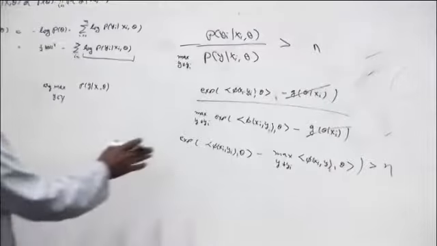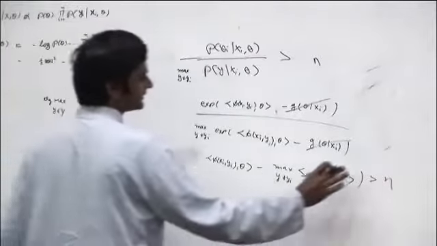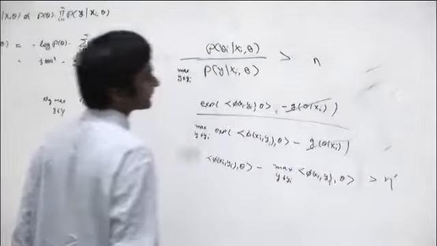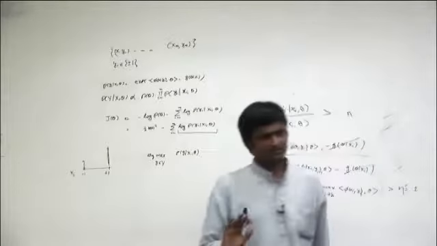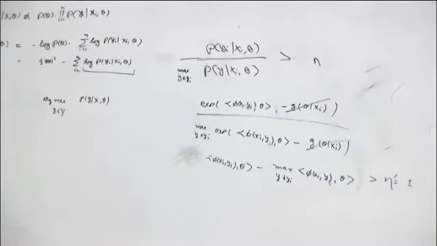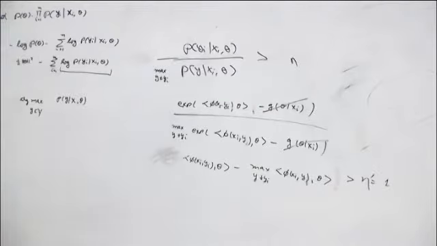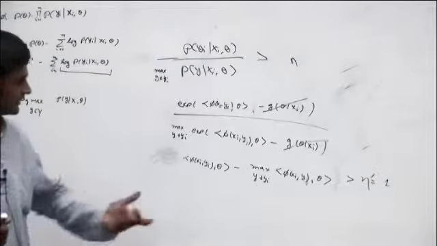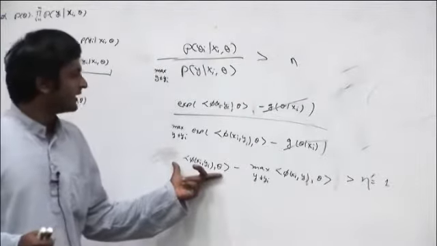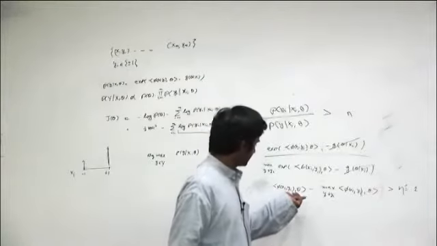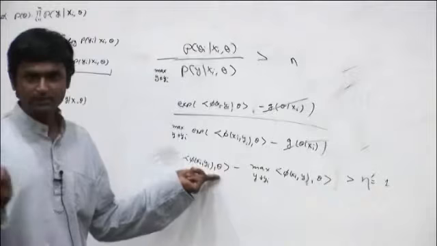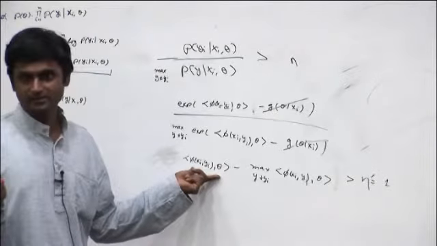Or I can get rid of the exp by taking a log on both sides, and let's call this some other constant. I'm going to choose this, arbitrarily, to be equal to 1. It doesn't matter, I can choose it to be a constant. Now if I look at phi of xi yi times theta, remember the sign of this was the prediction.